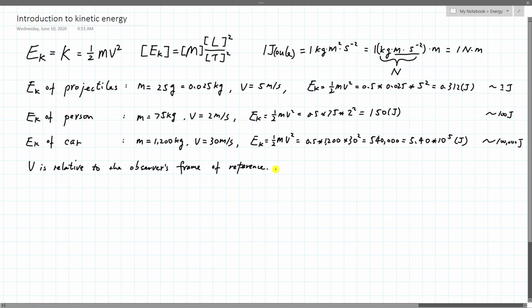So this is something of a caution. Do not change reference when you're doing energy, because kinetic energy depends on that reference. So it's not invariant to reference frame changes.